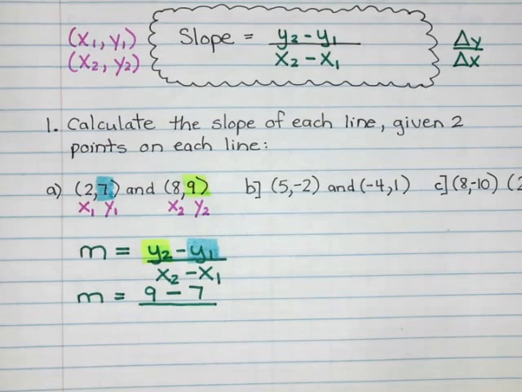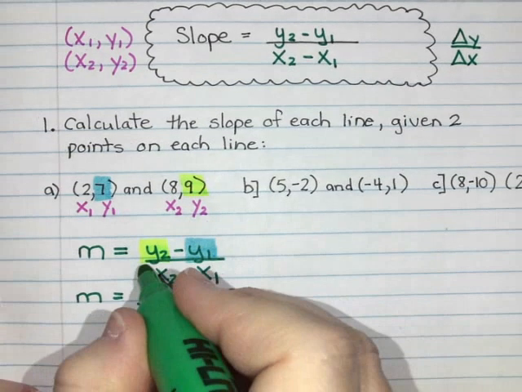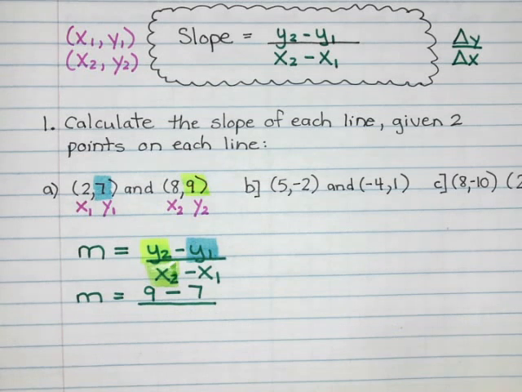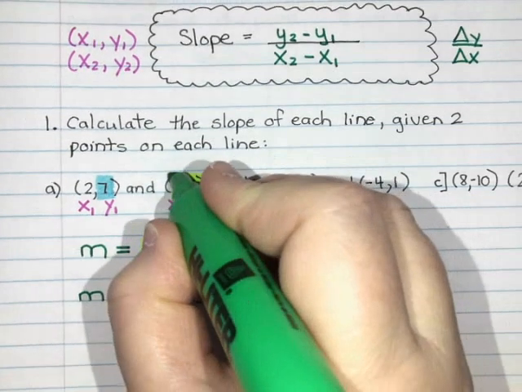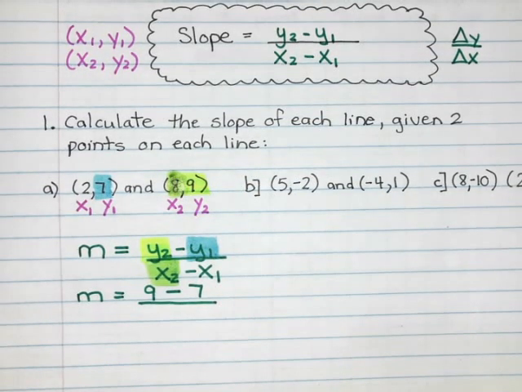Then on the bottom, I have x2. So I'm going to do x2, and that would be my 8 that's there.